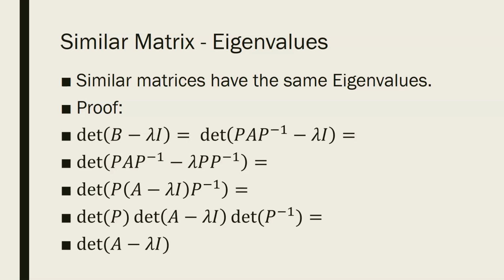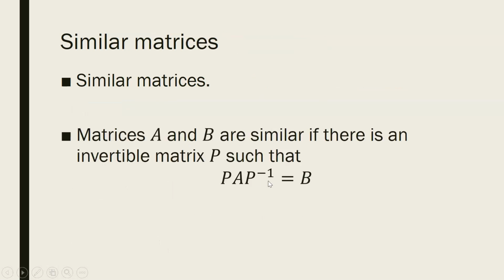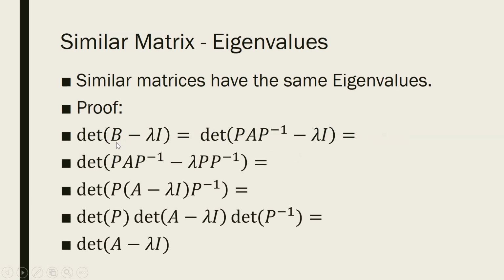This is a little intense, but basically this is a slide that has a lot of writing on it. But you can go through the fact that similar matrices have the same eigenvalues. If A and B are similar, using what we just did there, B is equal to P A P inverse. Well, how do we find eigenvalues?